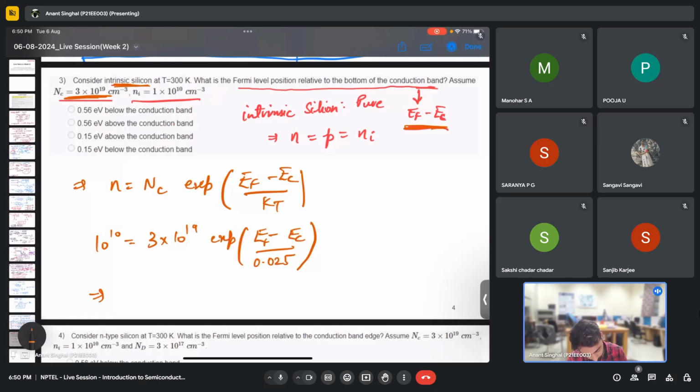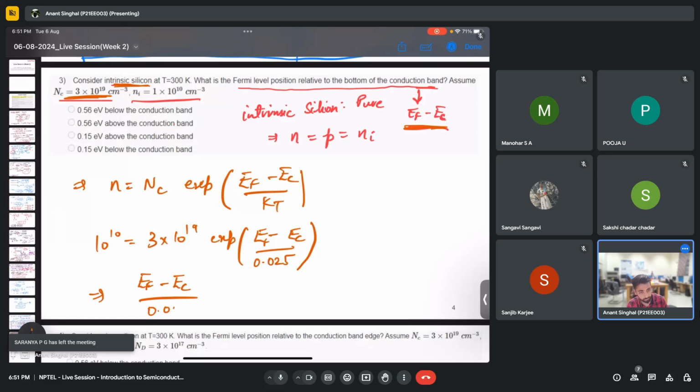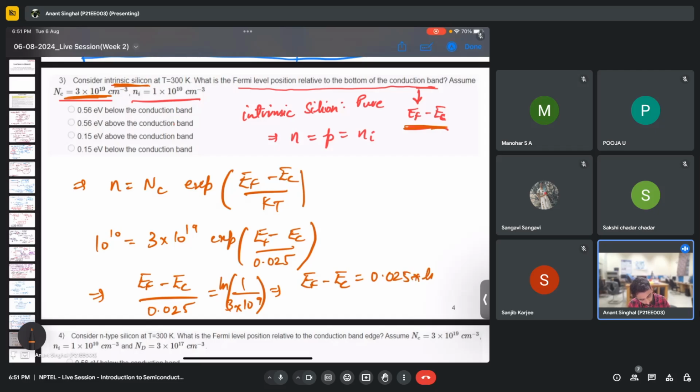If I do the division, basically I'm taking log both sides. This will give me 1 over 3 times 10 raised to power 9. So EF minus EC will be 0.025 times log of 1 over 3 into 10 raised to power 9.